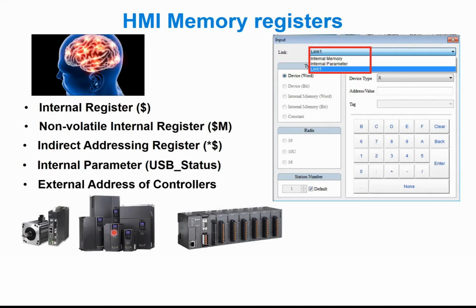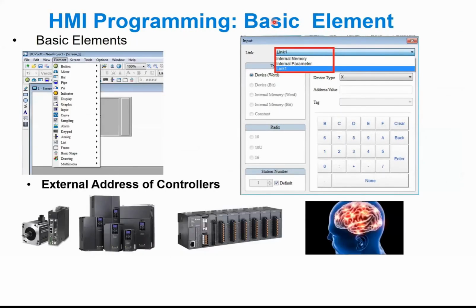The same applies to this drive. There's an address for the speed, an address for the start, an address for stop. So when you reference the addresses of an external controller in the HMI, immediately this controller will be controlled and monitored by the HMI.